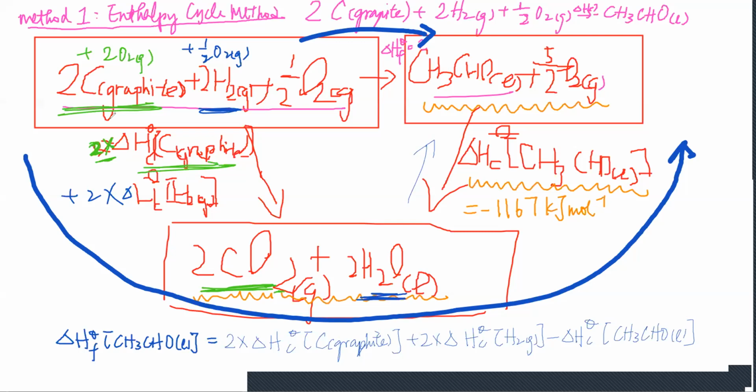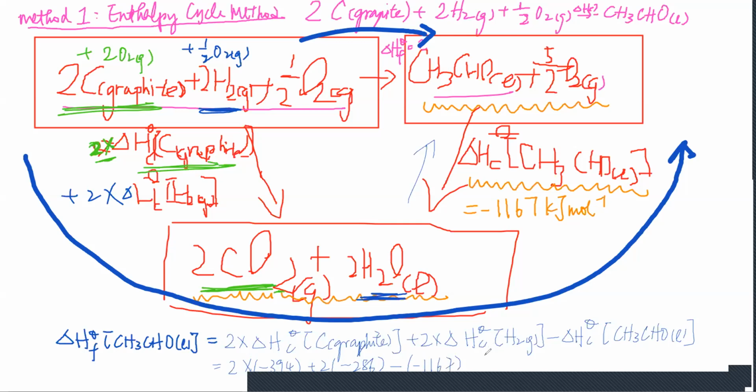Can you see that part? So what you're going to do is to put that data into it. So you may get 2 times C graphite, which is minus 394, plus 2 times minus 286 for delta H of combustion of hydrogen gas, minus negative 1167.